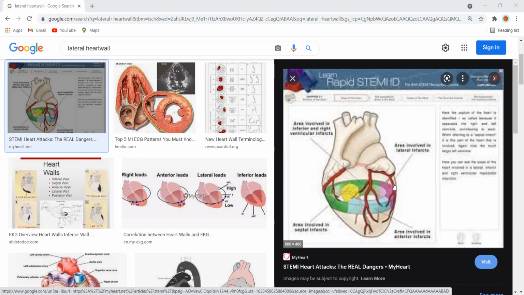So the current will flow from left to right because the muscle cells, because they are dead, they are already depolarized. So the depolarizing current will flow in this direction from left to right, like this.